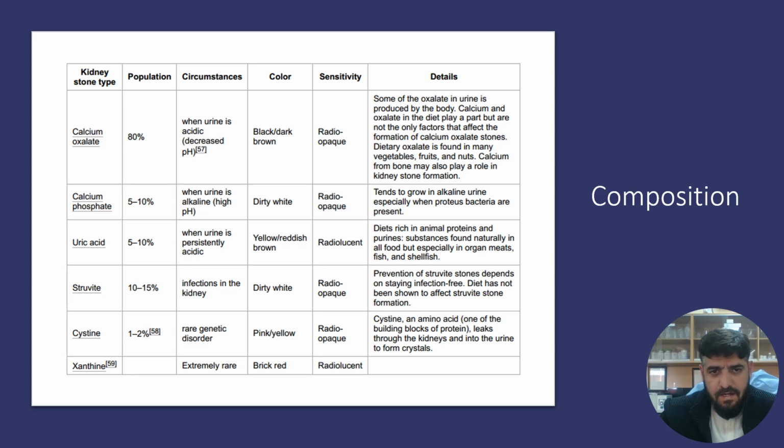The color of this stone is black or dark brown, and it is radio opaque. Similarly, calcium phosphate, uric acid, and struvite, these are also frequent in the population as compared to the cystine and xanthine.